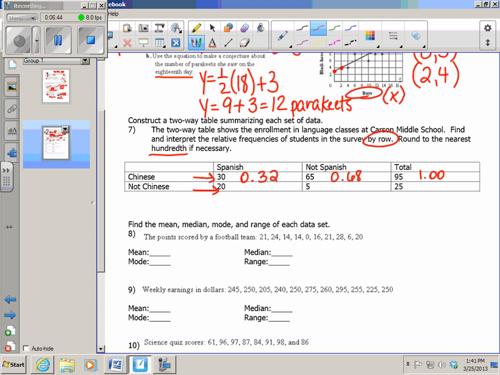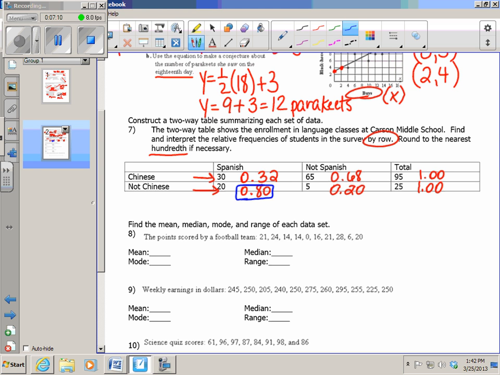Same thing for if you're not Chinese, taking the language. 20 divided by 25 is 0.80. 5 divided by 25 gives me 0.20. And 25 divided by 25 is 1.00. The largest relative frequency is the 0.80, which is right here.